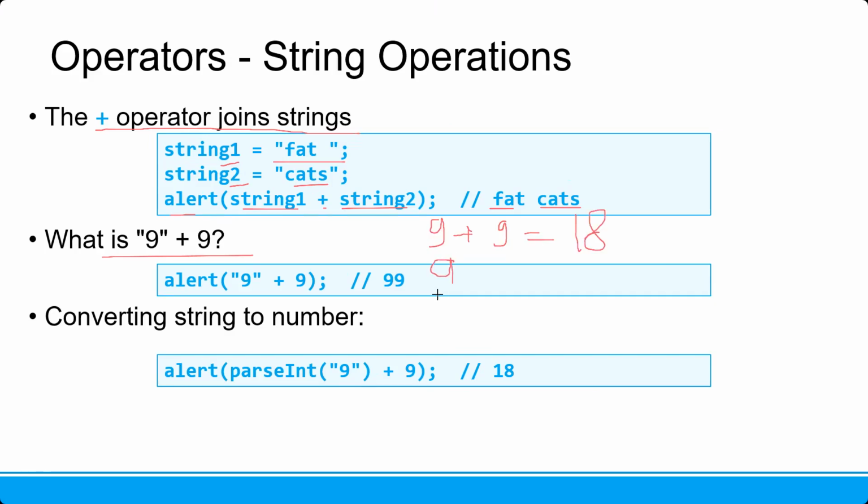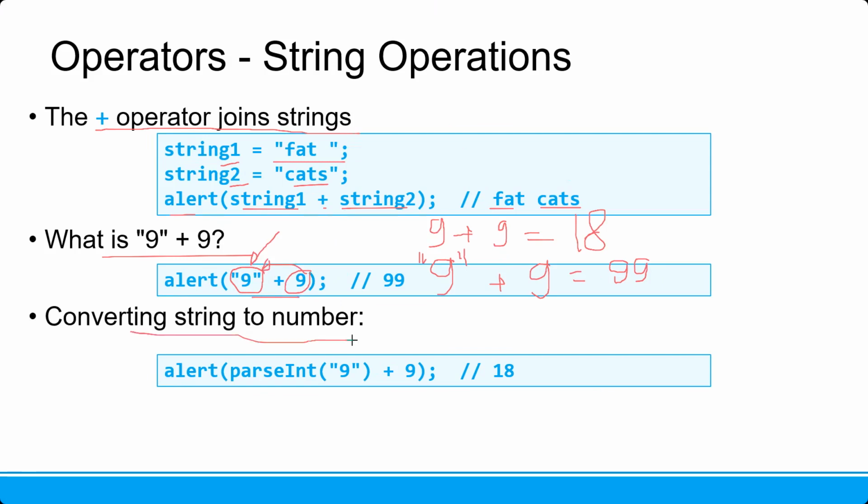But if you have 9 with double quotes plus 9, which is a number, then the result will be 99. Okay. The first is a string. So string can be considered as the highest precedence. So if it is a string 9, then we add another 9, it will be a combination of the strings. So it is 99.